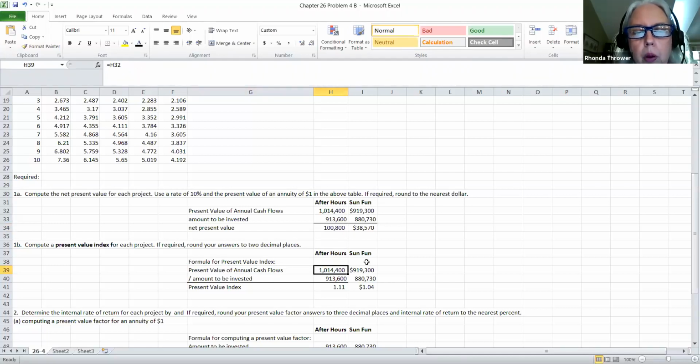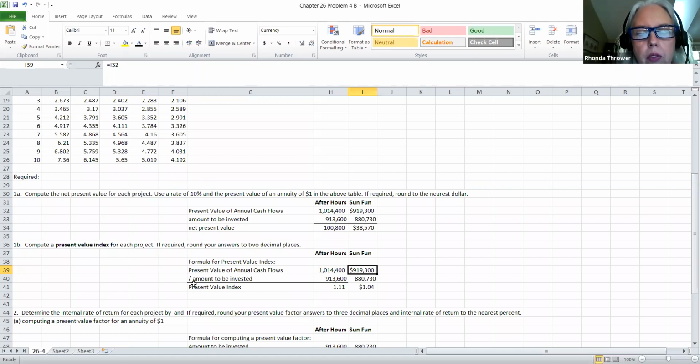So you can see here that I just brought these two down. This is the same present value. It was using 10% at 4 years. And you would multiply this table value factor times the annual cash flow to get the present value of the annual cash flows.